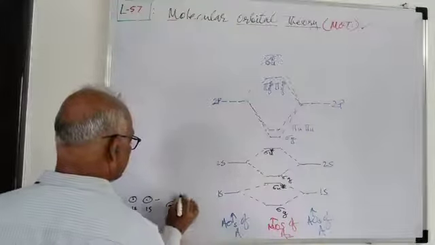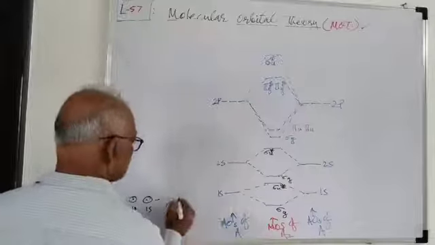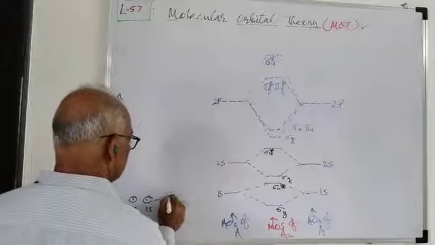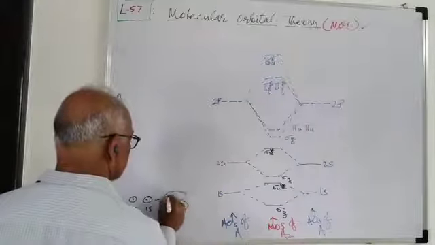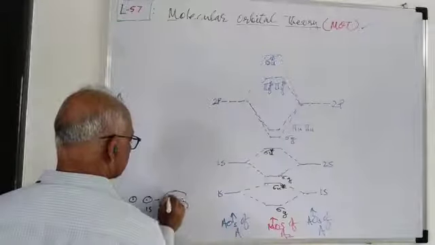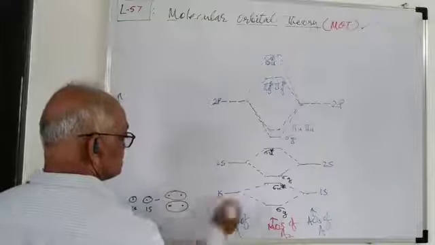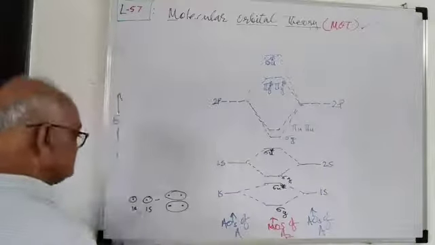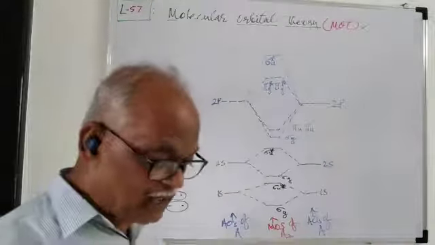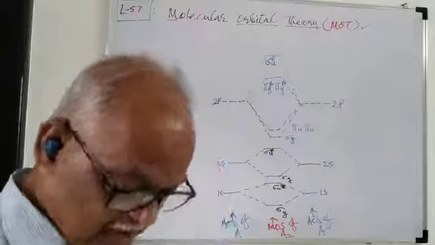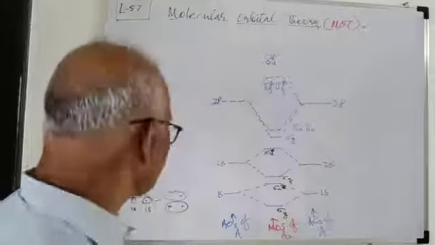Then we will have this sigma g orbital and there are sigma u orbitals, sigma star u. So we will have this type of sigma g and sigma u.